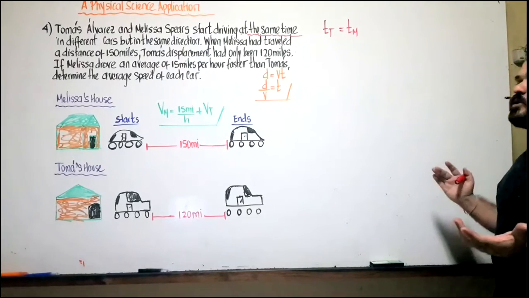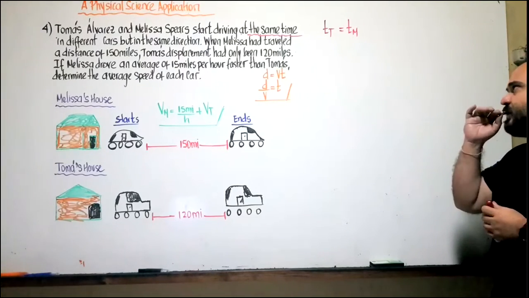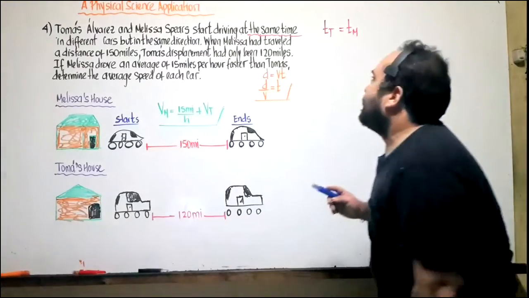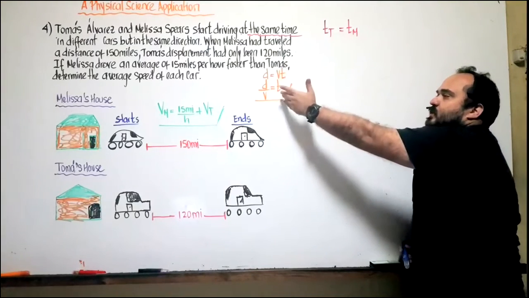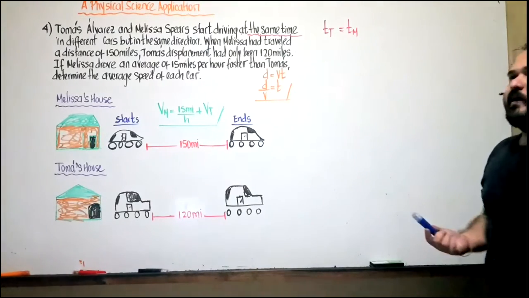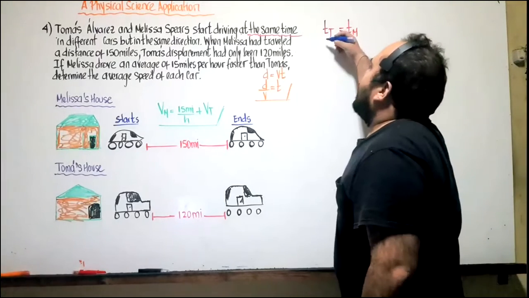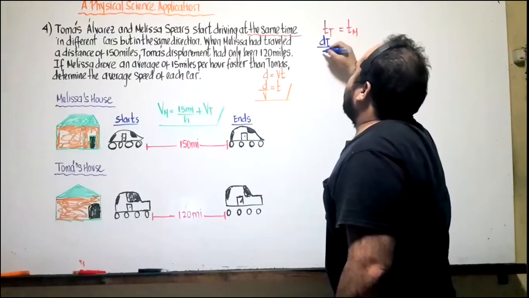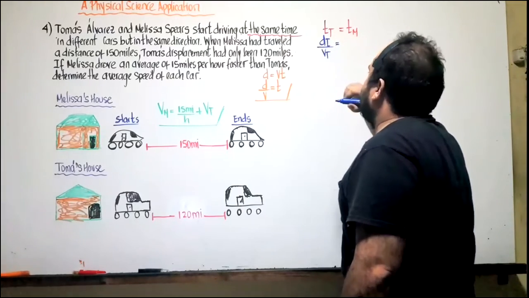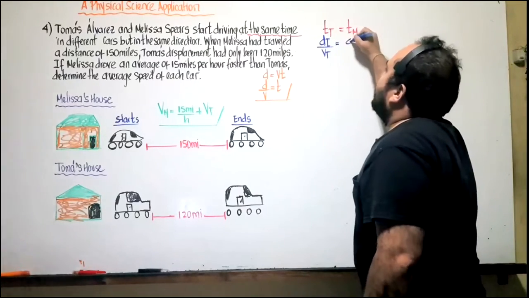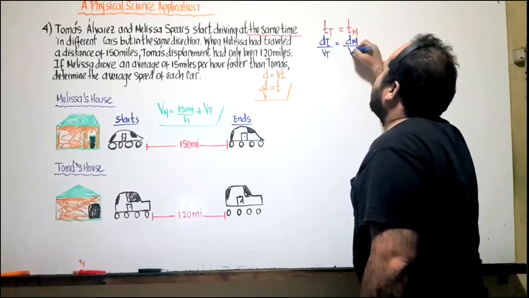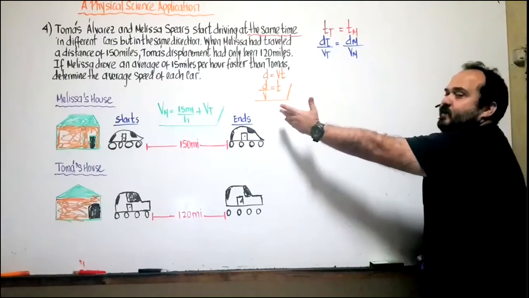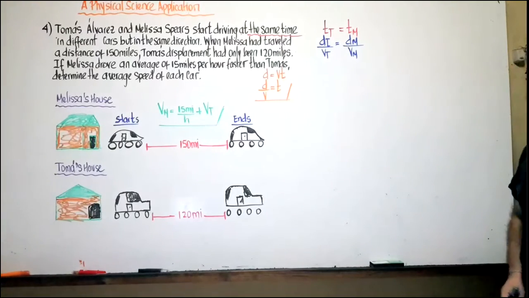This is what the problem mentioned: they drive for the same time. Now we're going to replace those values. The formula for time is the displacement divided by the speed or velocity. So I substitute the distance of Thomas divided by the velocity of Thomas, and that will be equal to the distance of Melissa divided by the velocity or speed of Melissa, because this is the equivalent of the formula for the period of time.